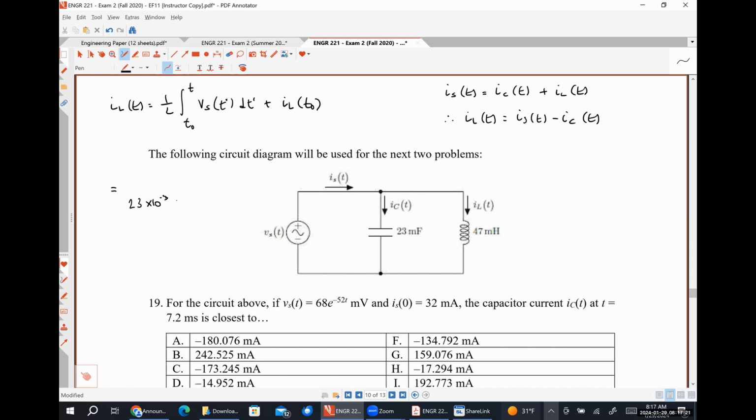Actually, nope, I'm doing this totally wrong. I'm using the capacitor value instead of the inductor value. 47 times 10 to the minus 3 Henry is a volt second per amp. Sorry about that. My voltage, 68 millivolts, that part can come out.